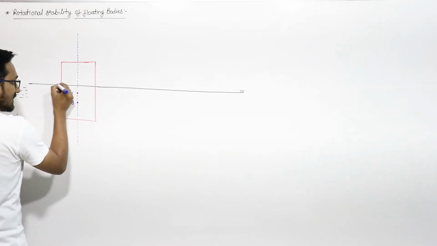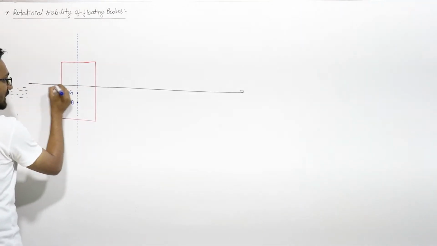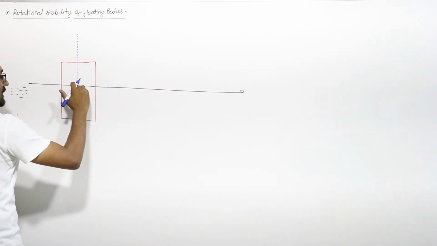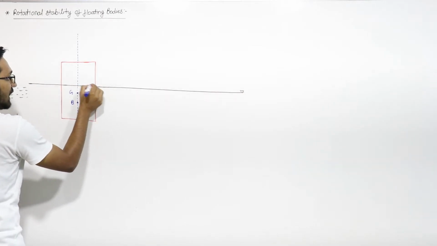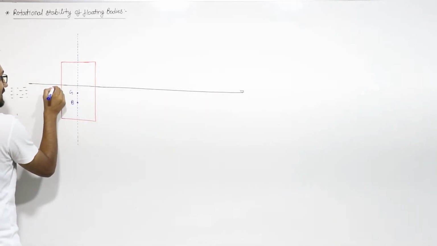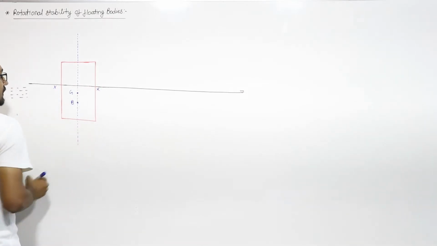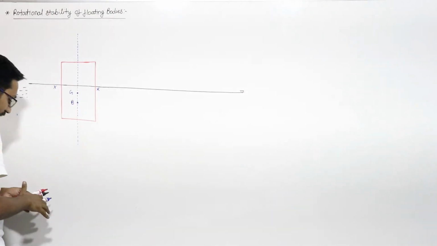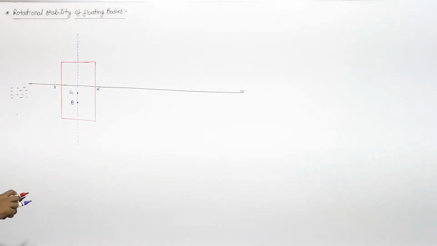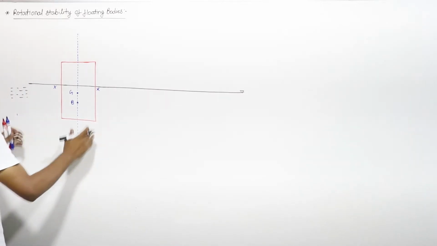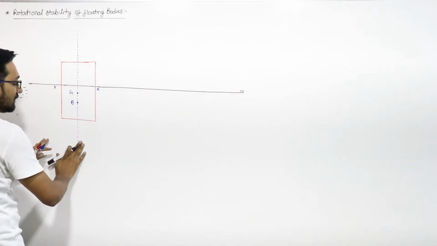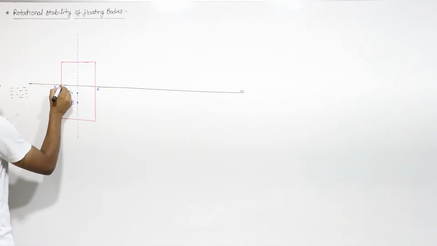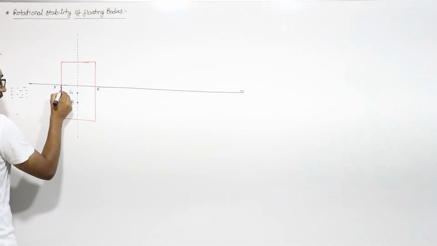Let us say this water interface will cut this body at this intersection of the surface and the body. Let us say this is X. This much amount of the body is inside the fluid, so the fluid displaced by this body will be this one.